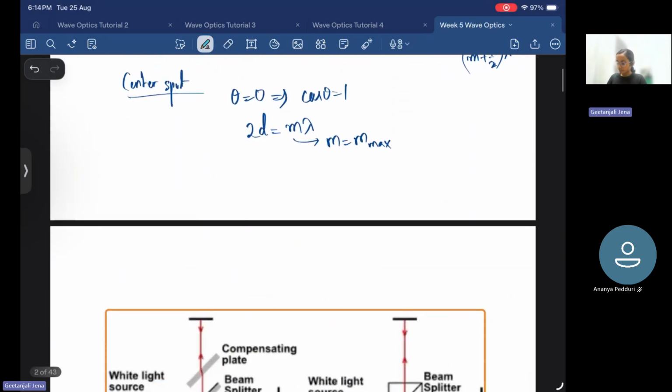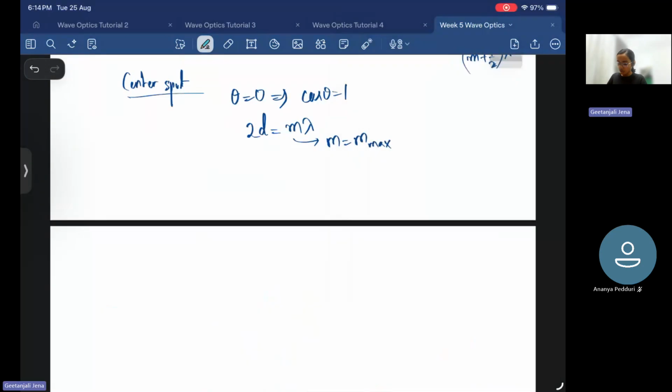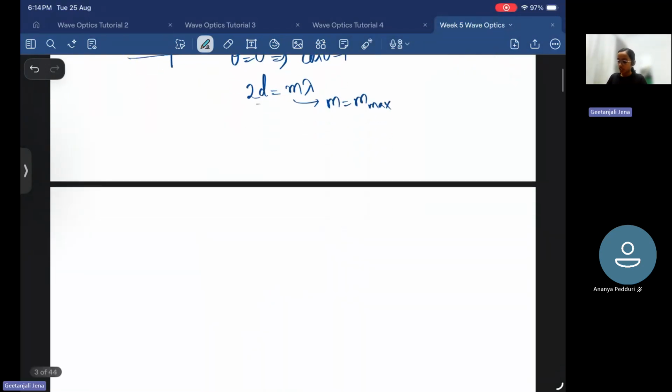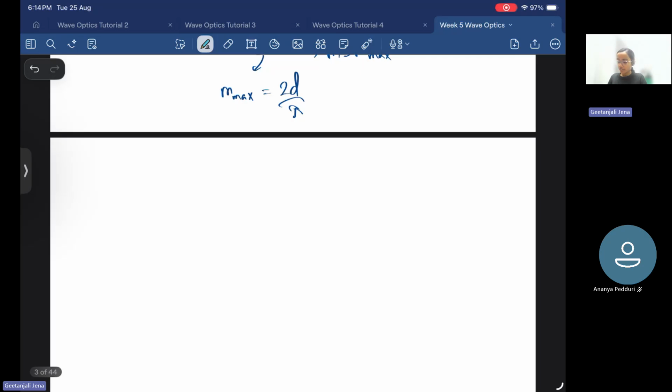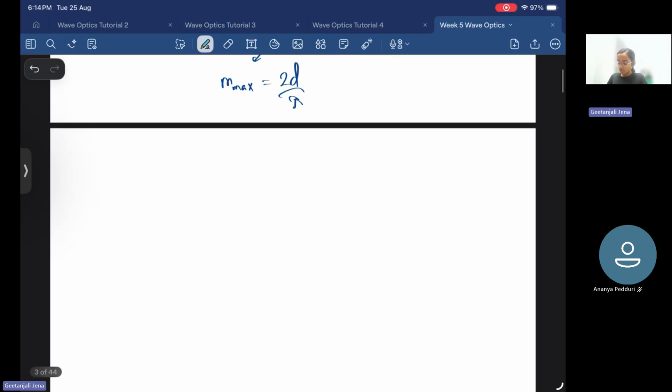If you know the value of D during the experiment, and the lambda value is also known to you, we can easily calculate the maximum value of m, which is 2D by lambda. And for other dark fringes beyond this central fringe, they should satisfy 2D cos theta equal to m lambda.